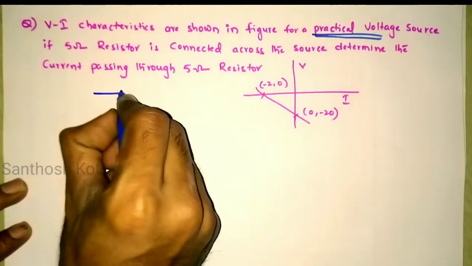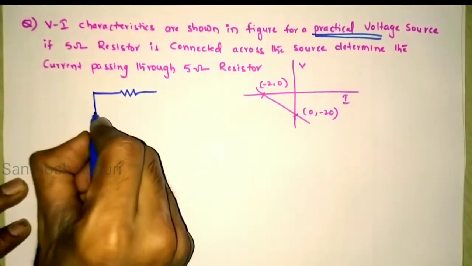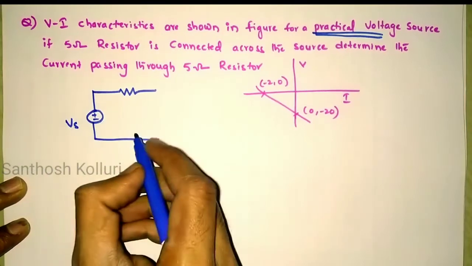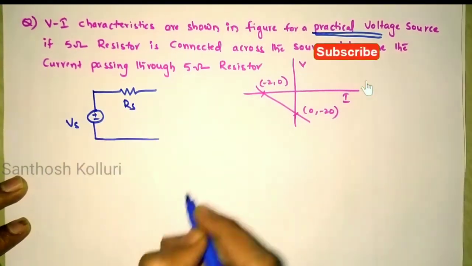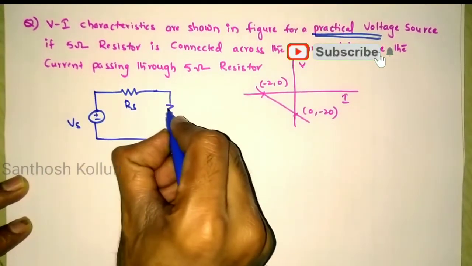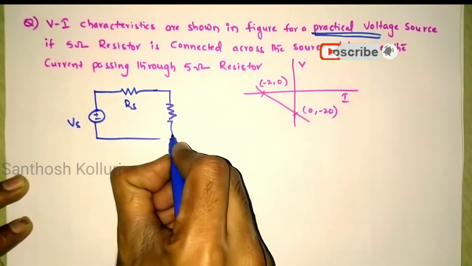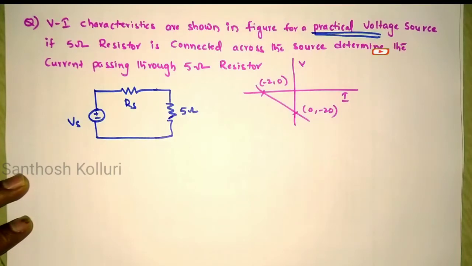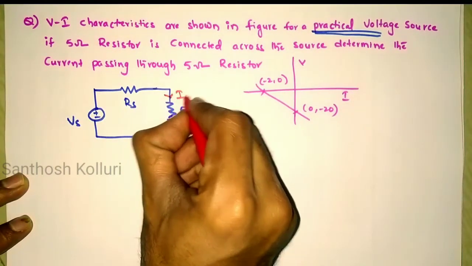So as per that, the practical voltage source will be like this, having voltage source Vs and Rs value, and it is connected to a load of 5 ohm resistor. We need to calculate the current passing through this 5 ohm resistor.